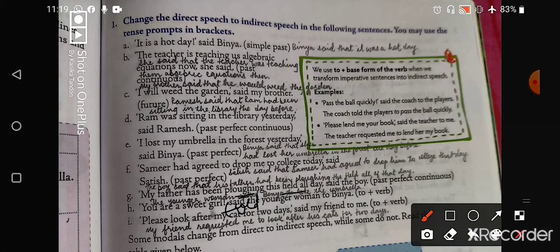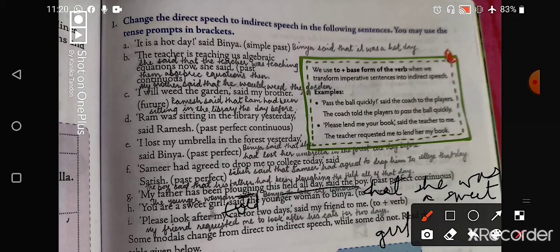The younger woman told Binya that she was a sweet girl. I'm sorry, this is my fault. Please correct it in your books. The younger woman told Binya that she was a sweet girl.